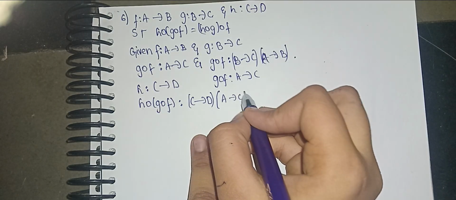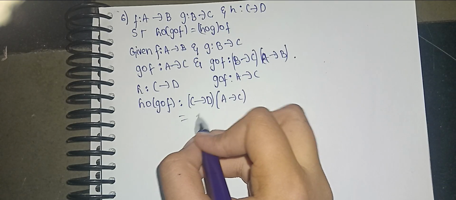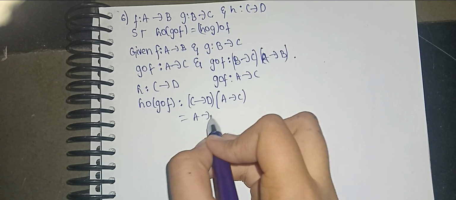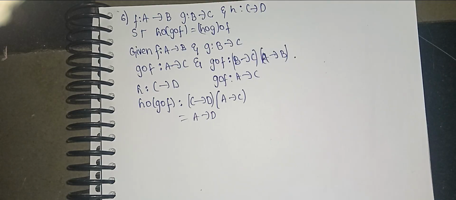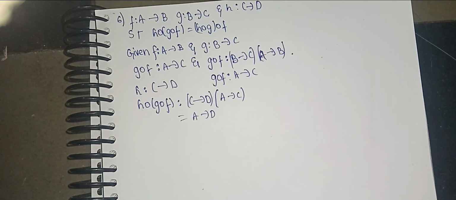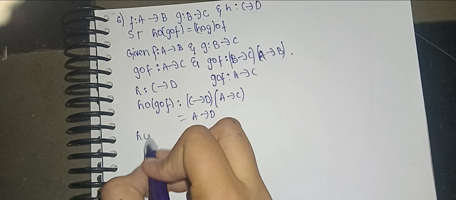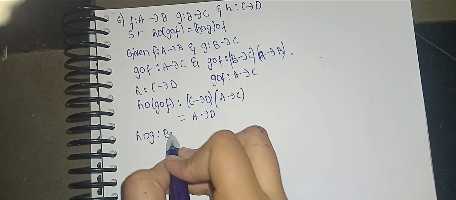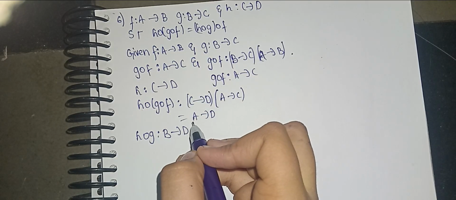A to C. C will cancel, before arrow A comes, so it is A to D. Now H circle G is B to D in the same way.